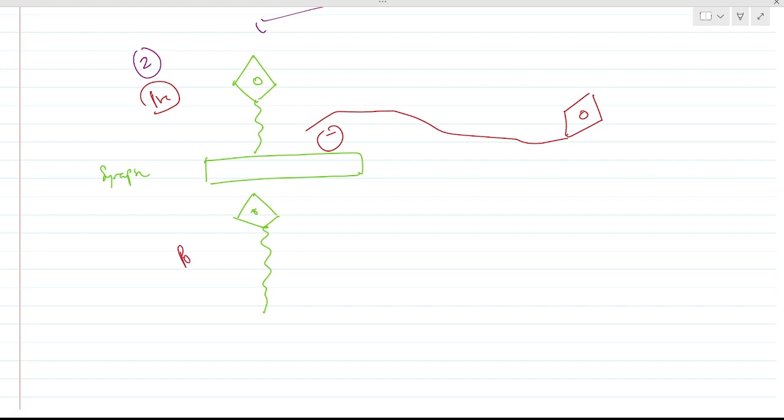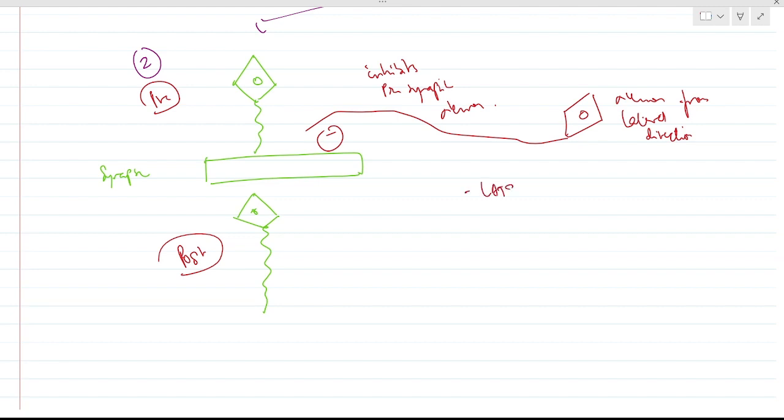It's a neuron from the lateral direction that inhibits the presynaptic neuron. Okay, this is called lateral inhibition.